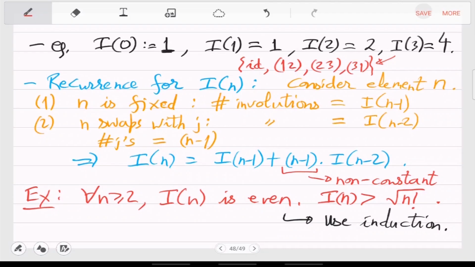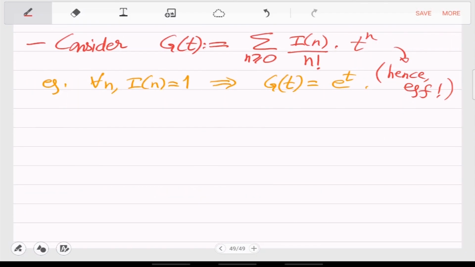As I said before, if it was just n minus 1 times In minus 1, then you would have gotten n factorial. So if you divide by n factorial, then you will be measuring how far In is from the factorial function. So that may be a relevant reason, but it's not enough. The real reason is that you are getting lucky. So let's see why that is.